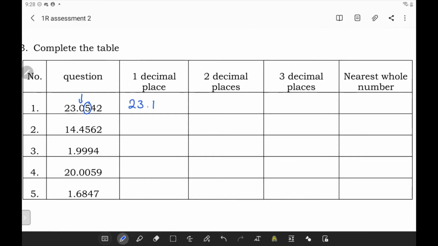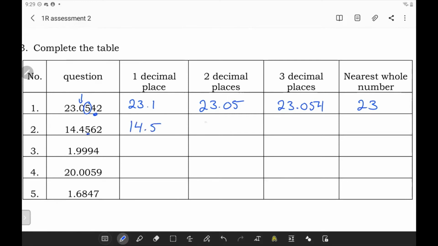So this will be 23.1 because 5 is greater than or equal to 5. So 2 decimal places, that is 23.05 because 4 is not greater than or equal to 5. So 3 decimal places, it's 23.054 because 2 is not greater than or equal to 5. And to the nearest whole number is just 23. Okay, so for the next one, so 1 decimal place, this is like 14.5 because this number is greater than or equal to 5.